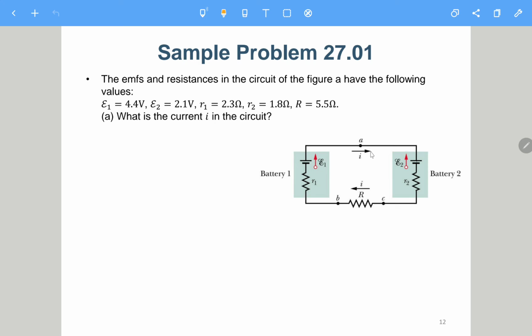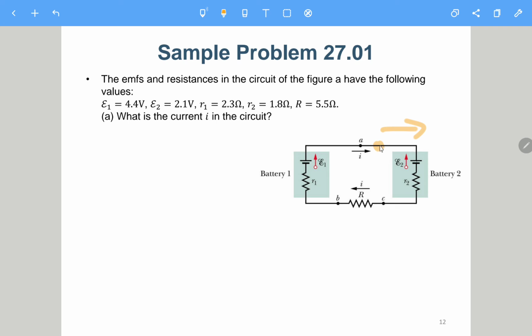Okay, so let's see. We can just use KVL to write out an equation, and then we can try to solve for I. So let us start from this point A, and then we go in the clockwise direction.